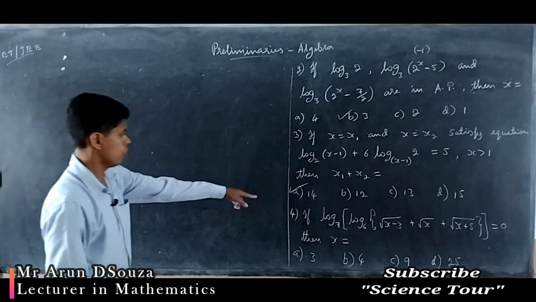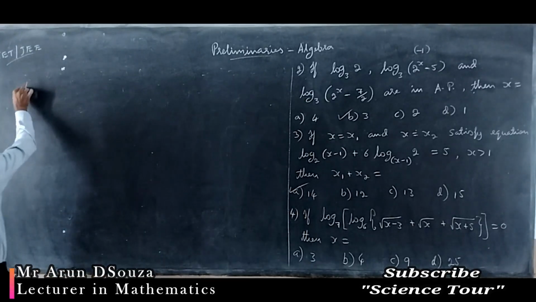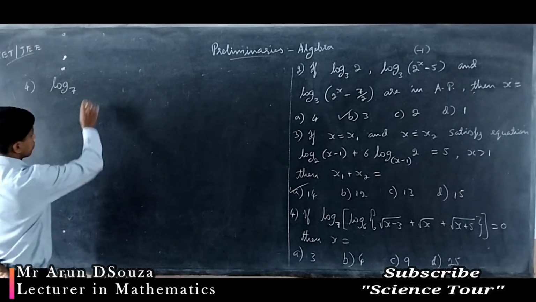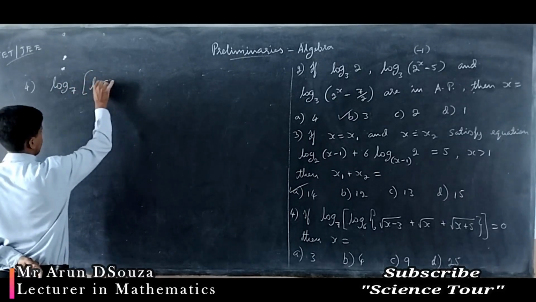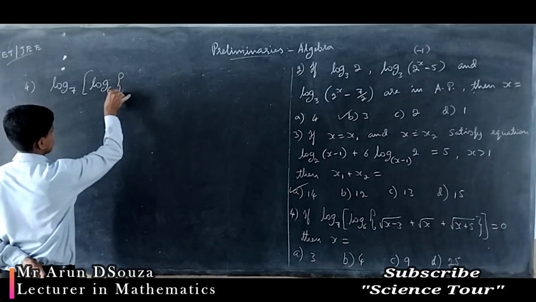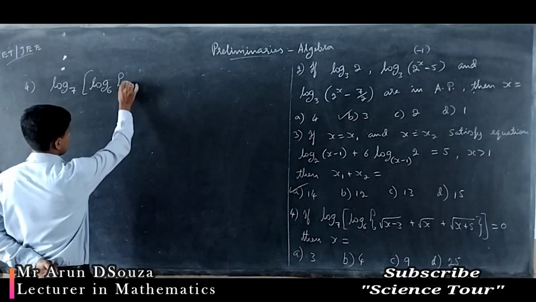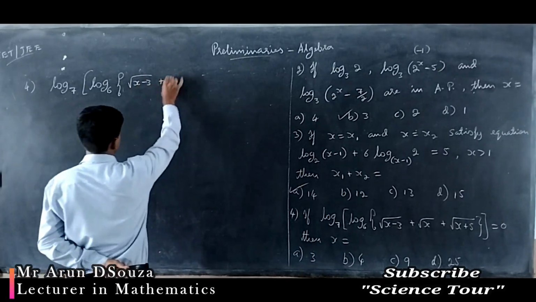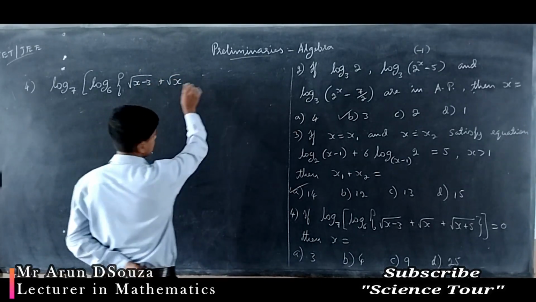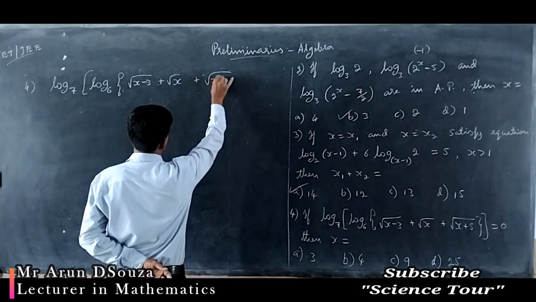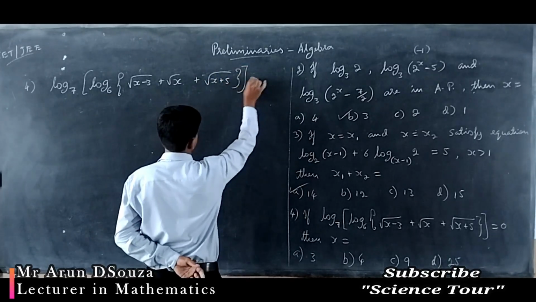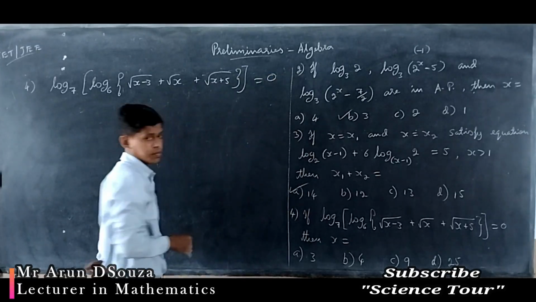Well, so question number 4, you have log to the base 6 of square root of x minus 3 plus square root of x plus square root of x plus 5, and that is equal to 0, they are saying.